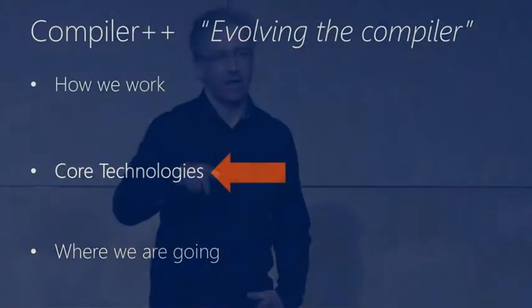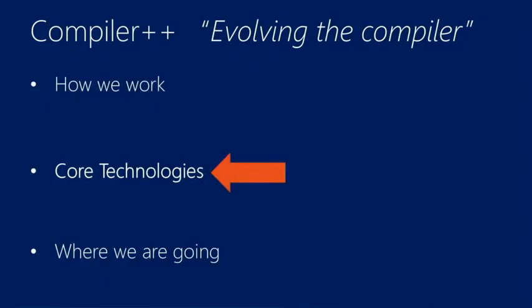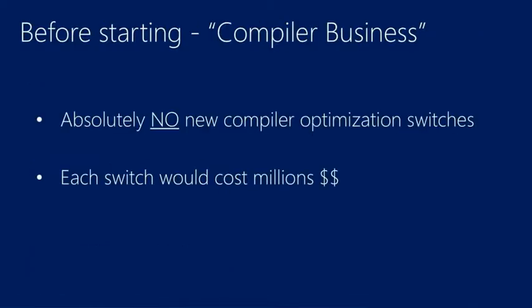So now, what I want to do is talk about the core technologies that we evolve within the context that I just talked about. Okay? But before I start, it is a business, right? So one of the things we can't do in our space, because of all the targets that we have to hit and for all the testing that we have to do, we can't tolerate any switches for adding any new optimizations or for partially turning one off or turning one on.